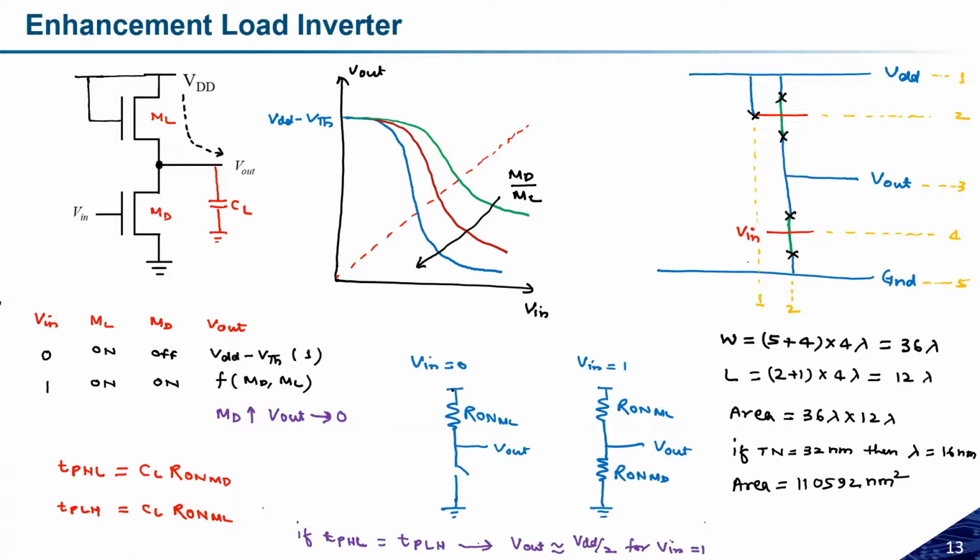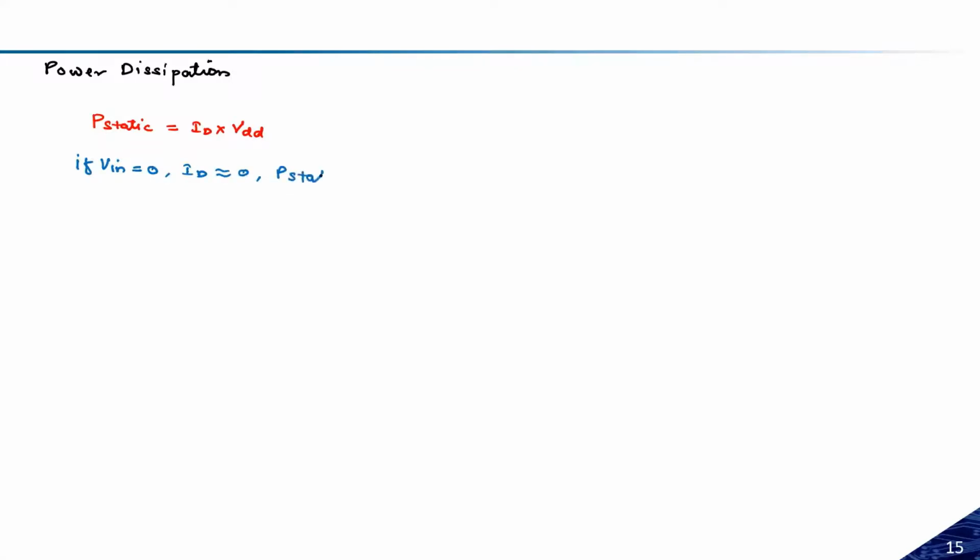There is no direct current flowing between VDD and the ground. So I am assuming that ID will be approximately 0. So the P static will be 0.